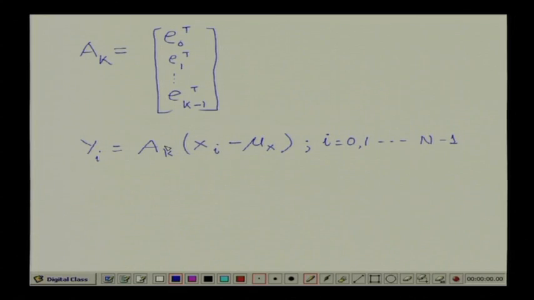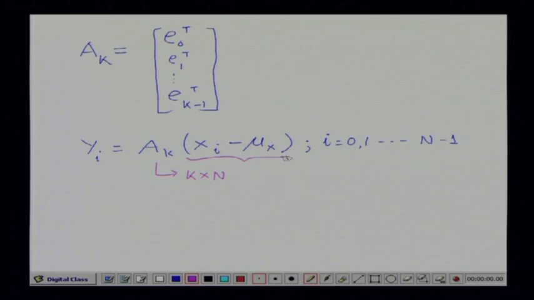Here you find that the dimension of A k is k by n, and x I and mu x both are of dimension n by 1. So, x I minus mu x is a vector of dimension capital N by 1.